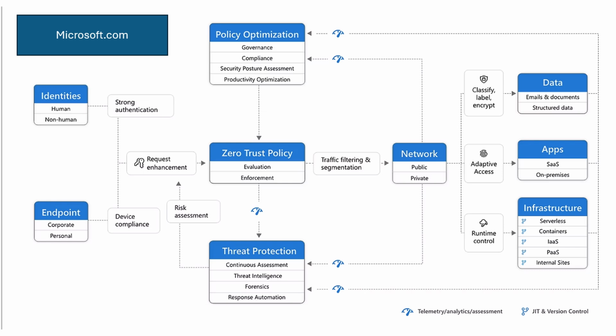Endpoint management through tools like Microsoft Endpoint Manager ensures device security before allowing network access. Data protection is managed through Azure Information Protection, which classifies and encrypts sensitive information. Additionally, network security is enforced through segmentation and virtual perimeters, reducing lateral movement and exposure.